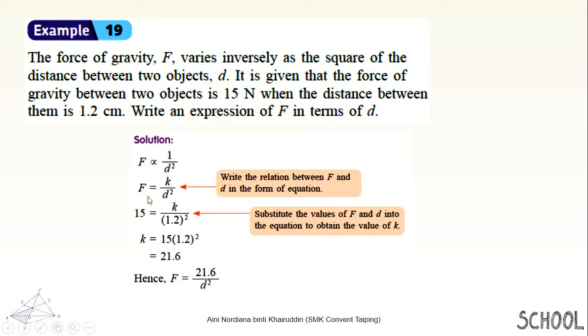Next, write the relation between F and D in the form of equation by adding the k here. Then substitute the values of F and D. Then you will get the value of k. Hence, substitute the value of k into this formula. So F equals 21.6 over D squared.